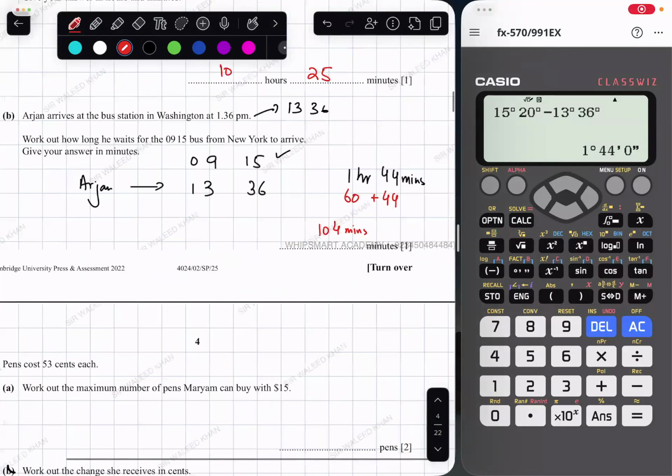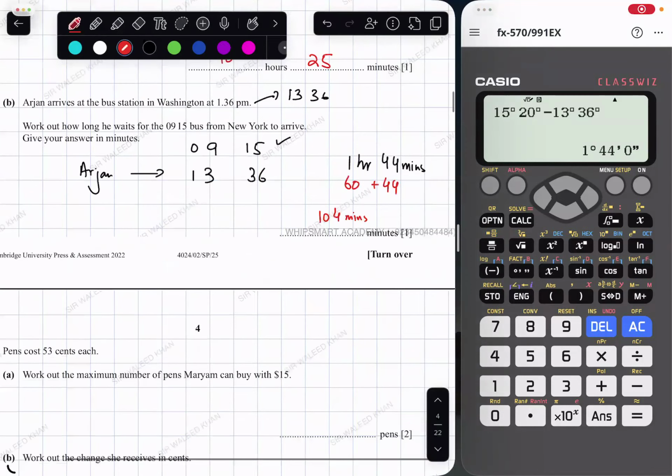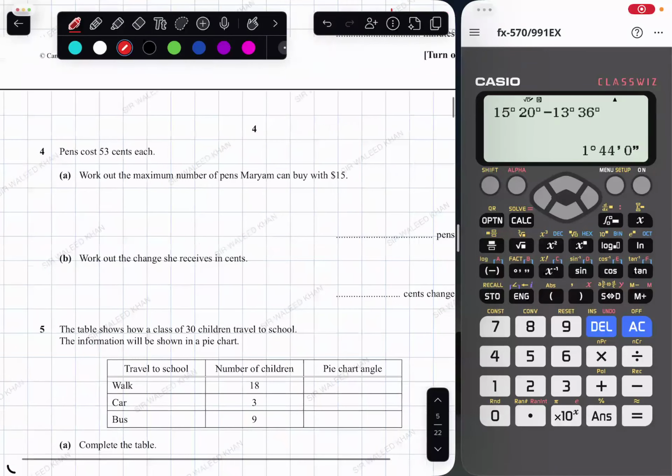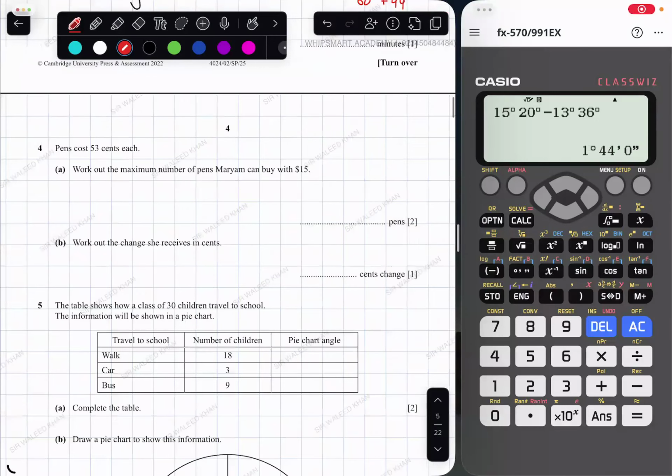Next, question number 4. So pens cost 53 cents each. Work out the maximum number of pens Mariam can buy with $15. Now we are dealing with cents and dollars, two different units, right? So whenever you are dealing with two different units, you can convert them into the same units just to avoid the confusion.